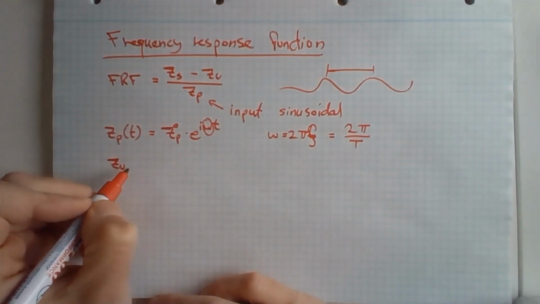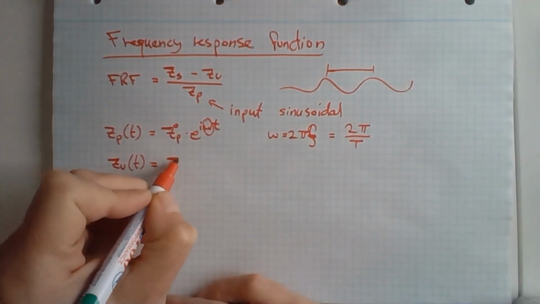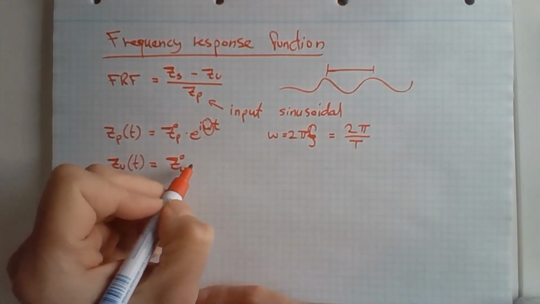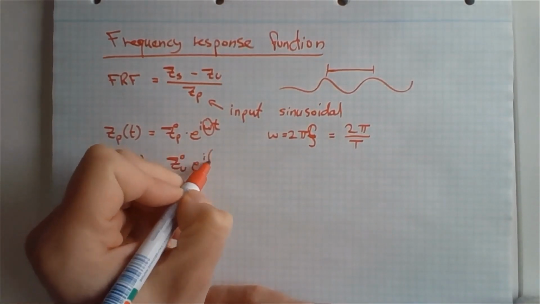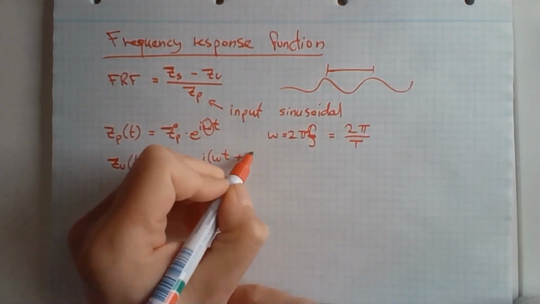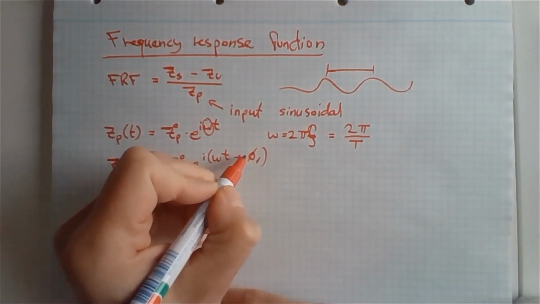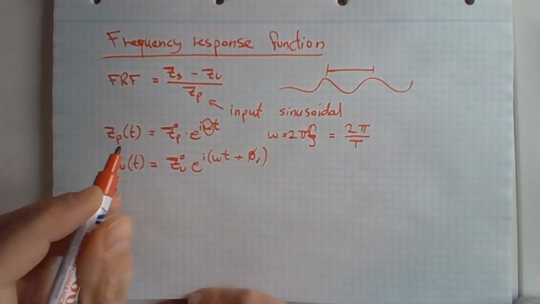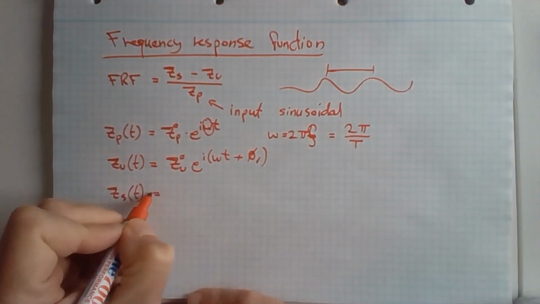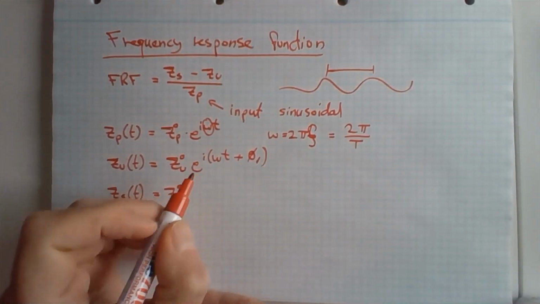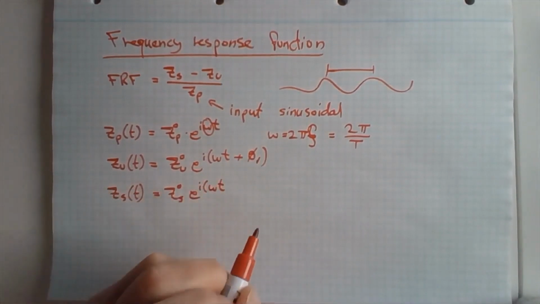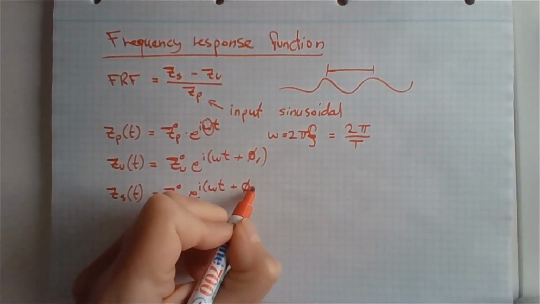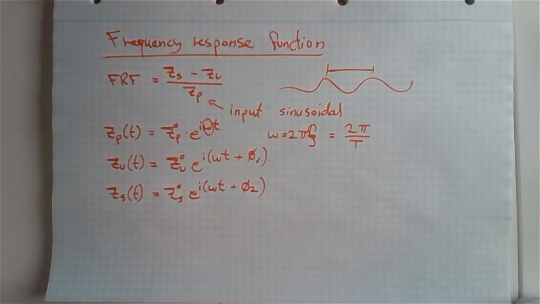The unsprung mass would vibrate with some unknown amplitude, but the same frequency, with some phase lag denoted here by phi 1. Similarly, for the sprung mass, we have some amplitude, the same frequency of excitation, but with a different phase lag.